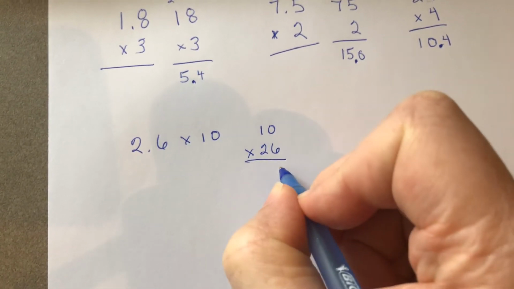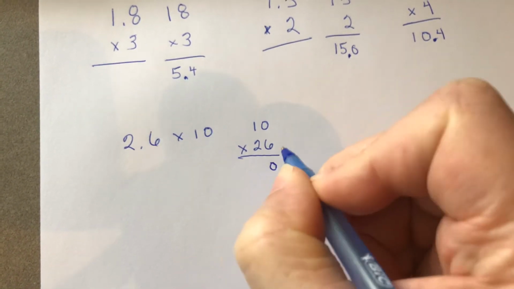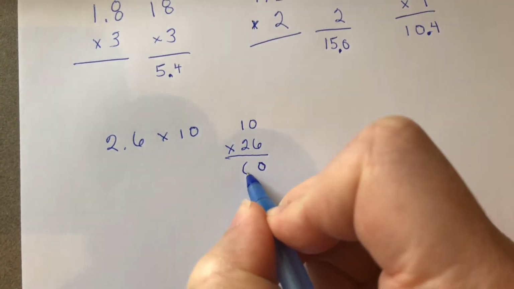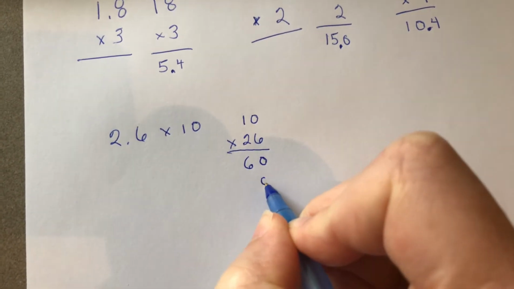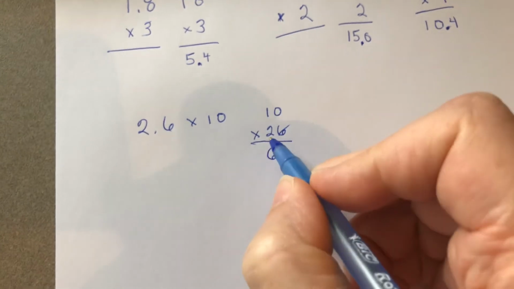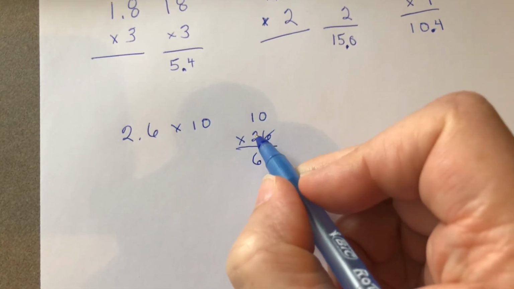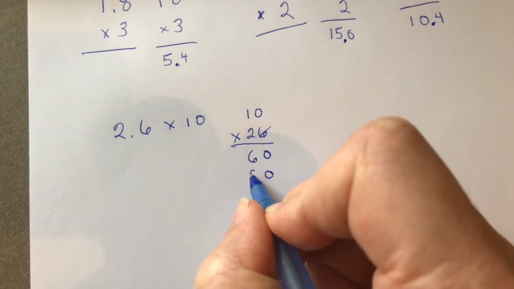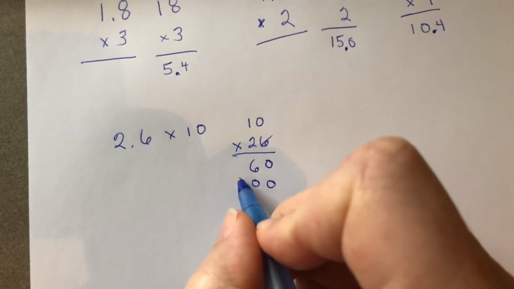So 6 times 0 is 0. 6 times 1 is 6. Save the ones place. We're done with the ones. Now we're working with the tens place. 2 times 0 is 0. 2 times 1 is 2.